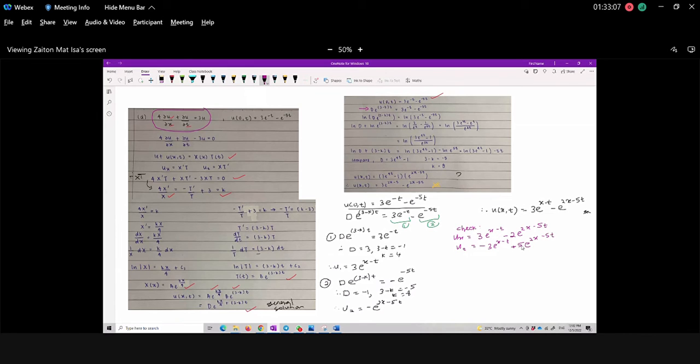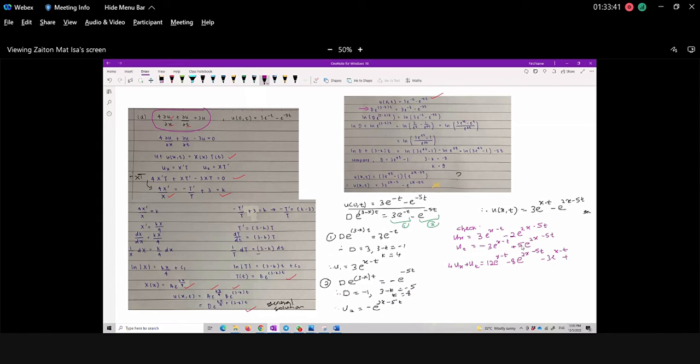If you take 4ux plus ut, 4ux we'll have 12e^(x-t) and plus ut, so minus 3e^(x-t) plus 5e^(2x-5t).